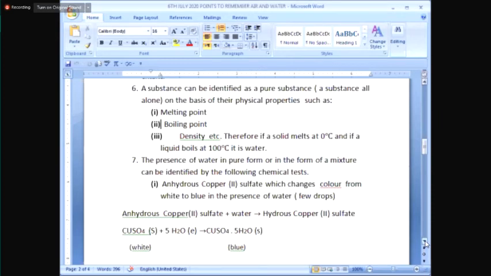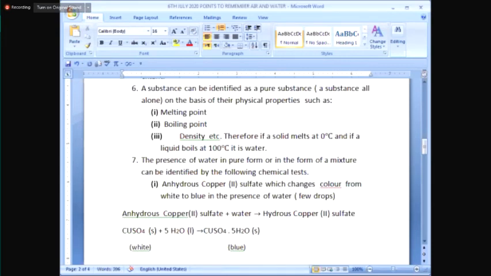My dear student, the s in the bracket is small. If by mistake I've written S capital, it is small s, so you write it small. So CuSO4 solid plus 5H2O, that is balancing the equation, and water is in the form of liquid, not E but L. So by mistake in the bracket I have put it wrongly, so it is L. I'm correcting it.